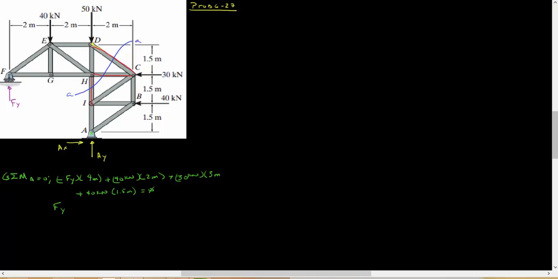So plugging this in my calculator, I get that Fy is equal to a positive 57.5 kilonewtons. So this is 57.5 kilonewtons.